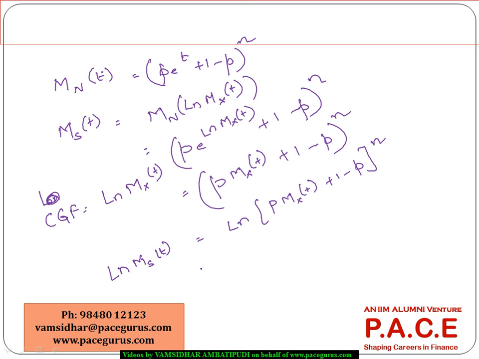That is what is becoming log MS(t), or probably it is n times log(p MX(t) plus 1 minus p).